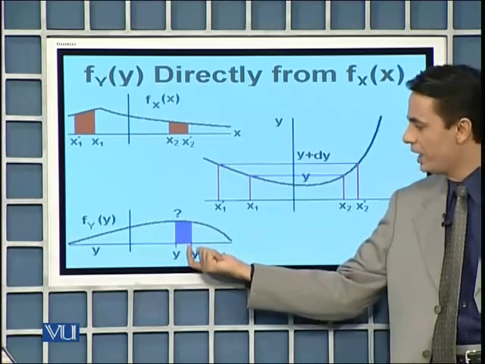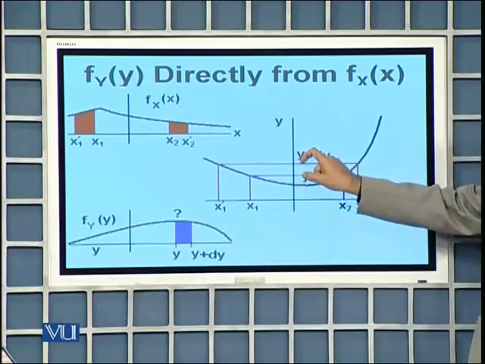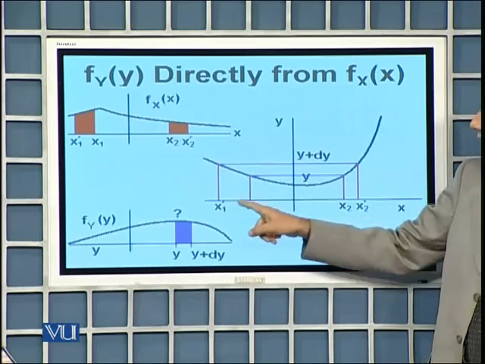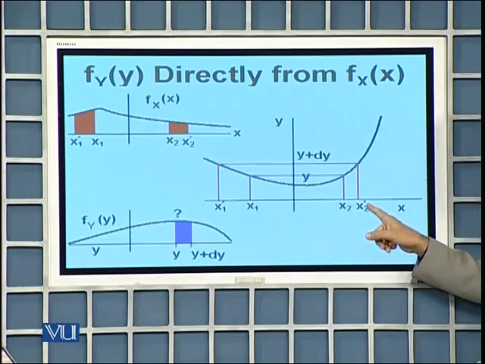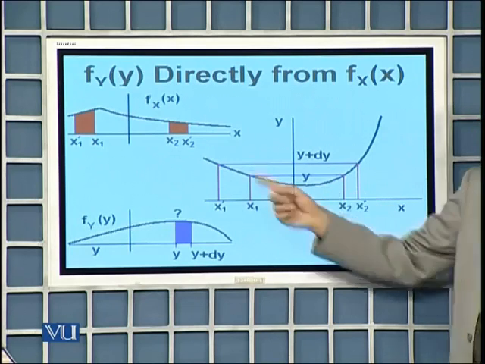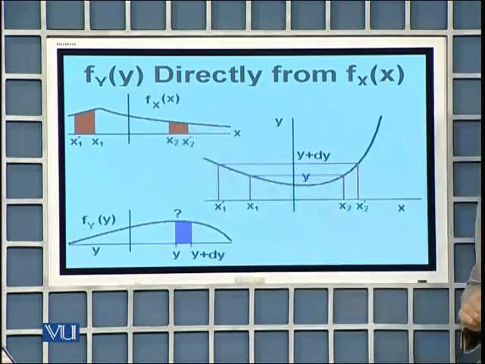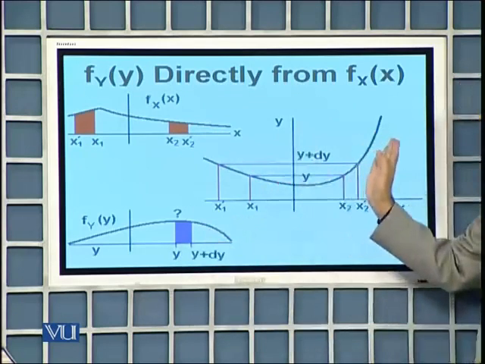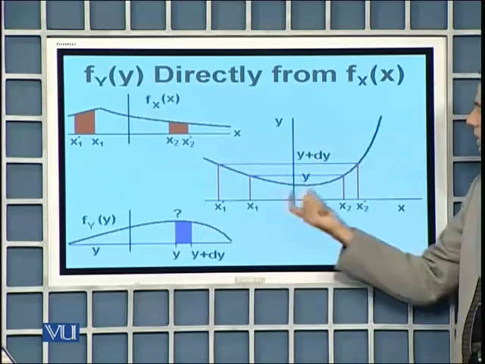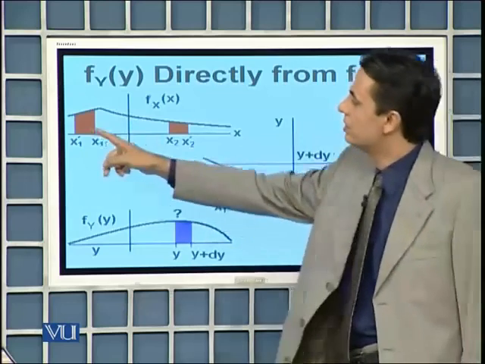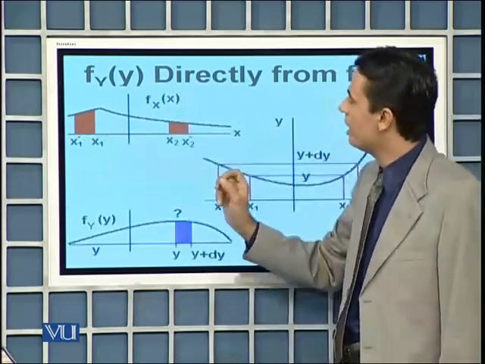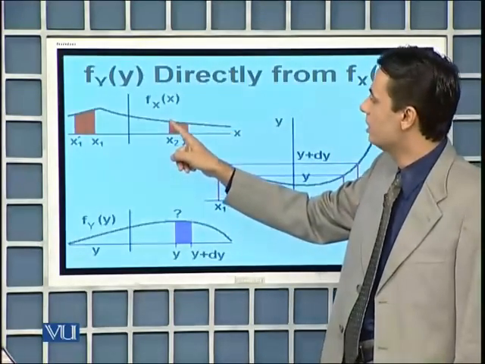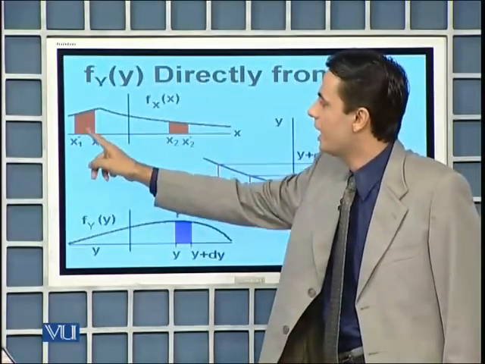These 2 points y and y plus dy on y-axis get inverse mapped to 2 intervals from x1 dash to x1 and x2 to x2 dash, and these 2 intervals are here on the PDF of x. So if this interval is small, because of these finite slopes, these intervals are small and these intervals are small. So we can again assume that PDF of x does not change much when x varies from x1 dash to x1.